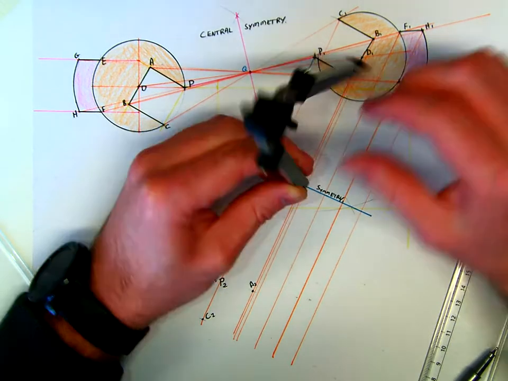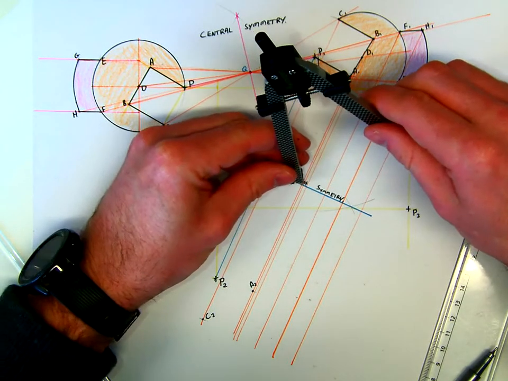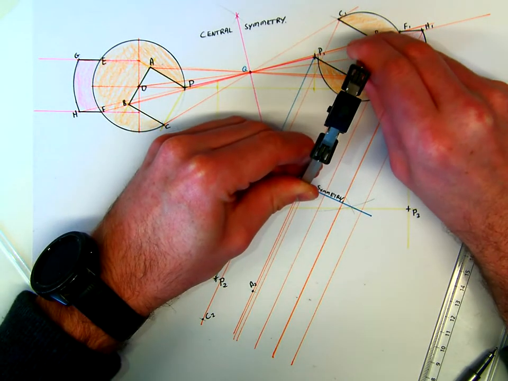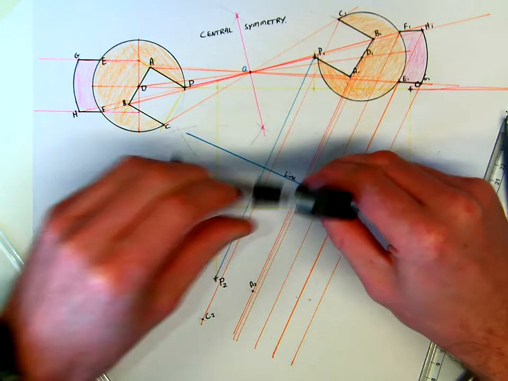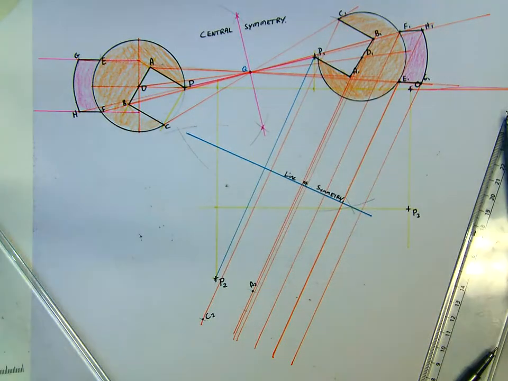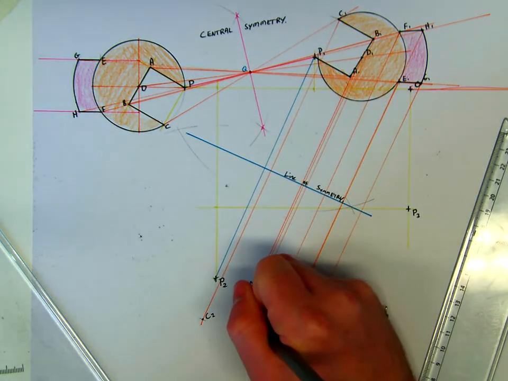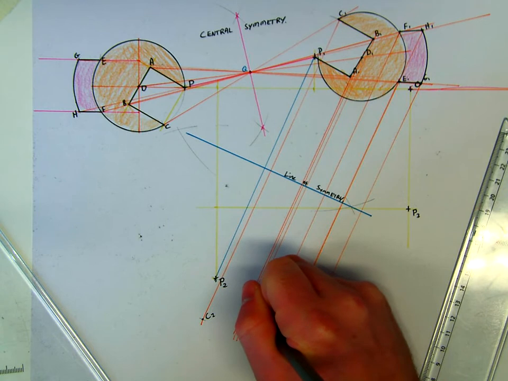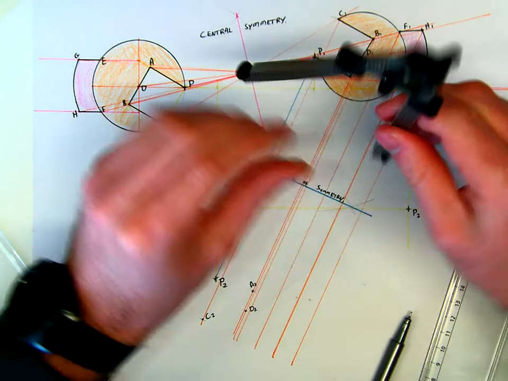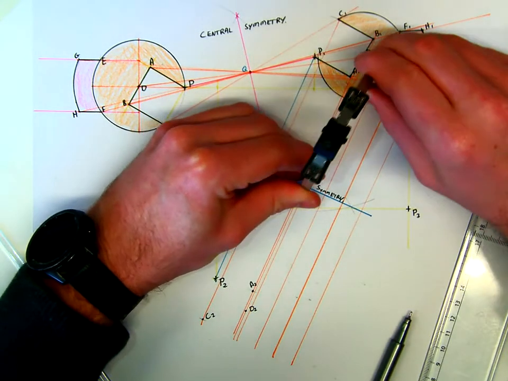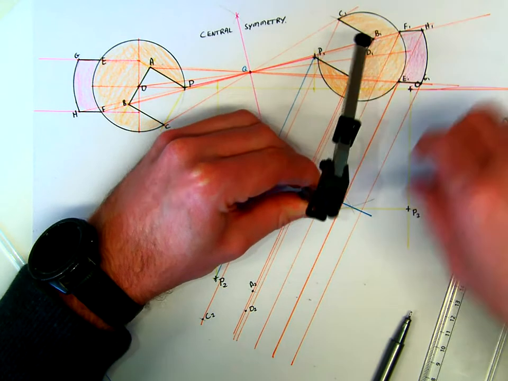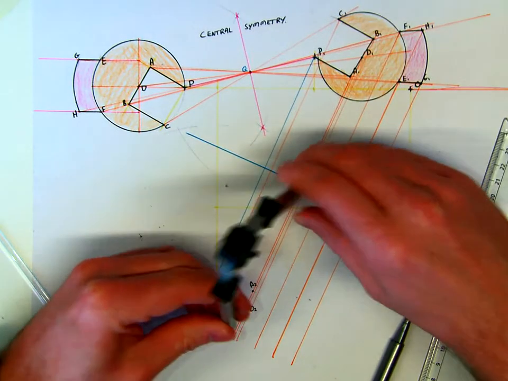Next one over is D1. So I stretch it out to D1, bring it down. I'm going to label that one there D2. Next one over, stretch it out to B1 and label this one B2.